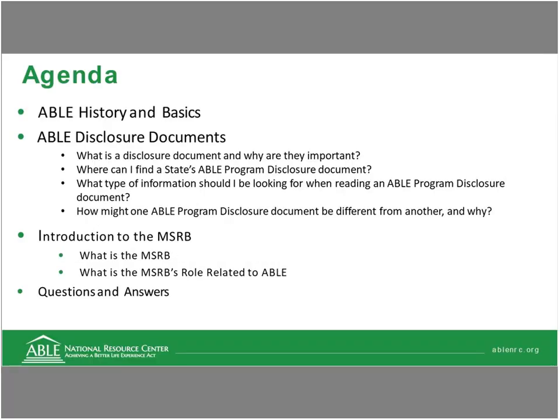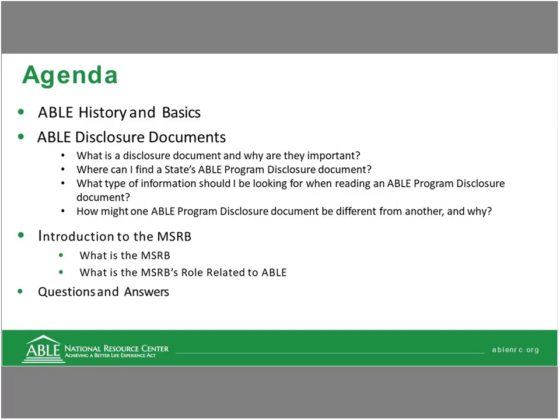So we have a pretty packed agenda today. We're going to start off by giving our generic information related to ABLE history and ABLE basics. We want to make sure that everybody has a fairly broad foundation so that everybody can fully appreciate the more in-depth information that we'll be getting into later, which is the ABLE disclosure documents discussion. We're going to talk about what a disclosure document is and why they are important.